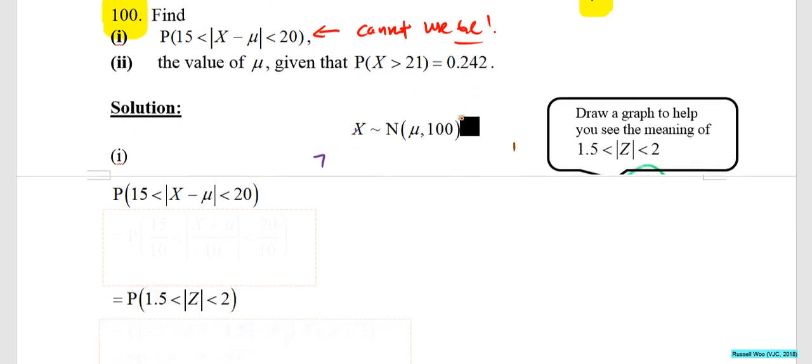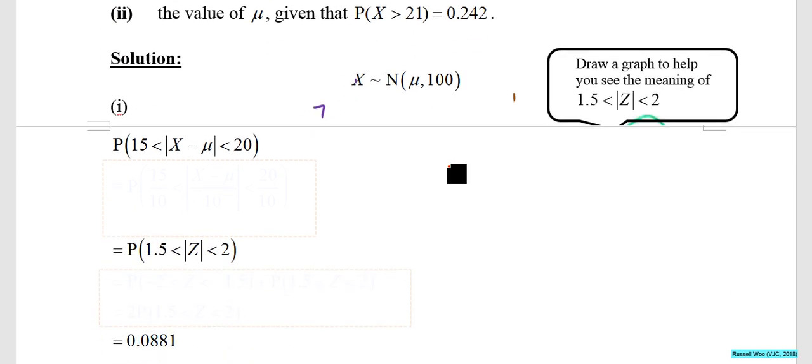First, recall, if I take x minus mu divided by sigma, I will get z. Correct? And z is the standard normal.